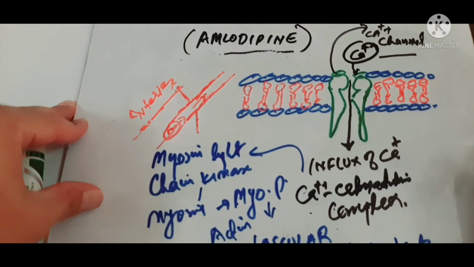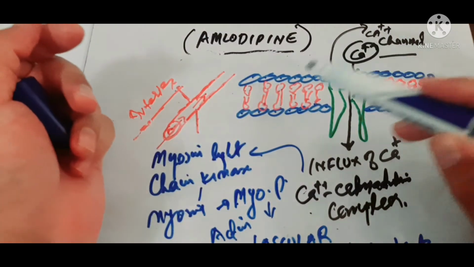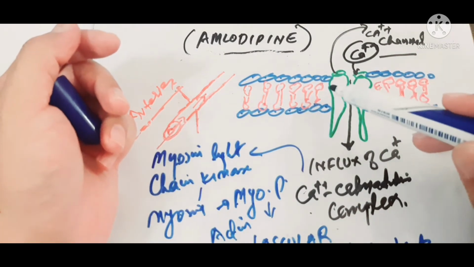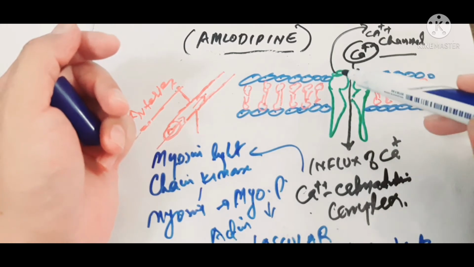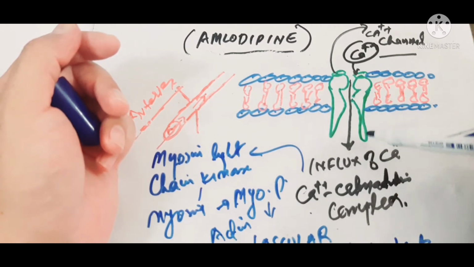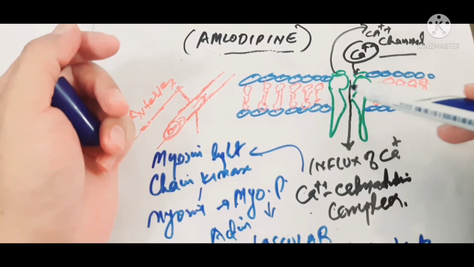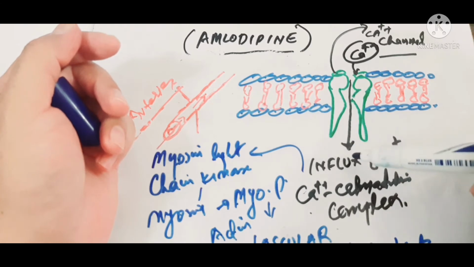If we explain it again, amlodipine works on these calcium channels. This is the cell membrane of the blood vessel, like arteries, and this type of membrane is also present in the heart. There is a channel called the calcium channel, which is a voltage-gated channel, and it is called the calcium channel because calcium enters here and there is an influx of calcium.